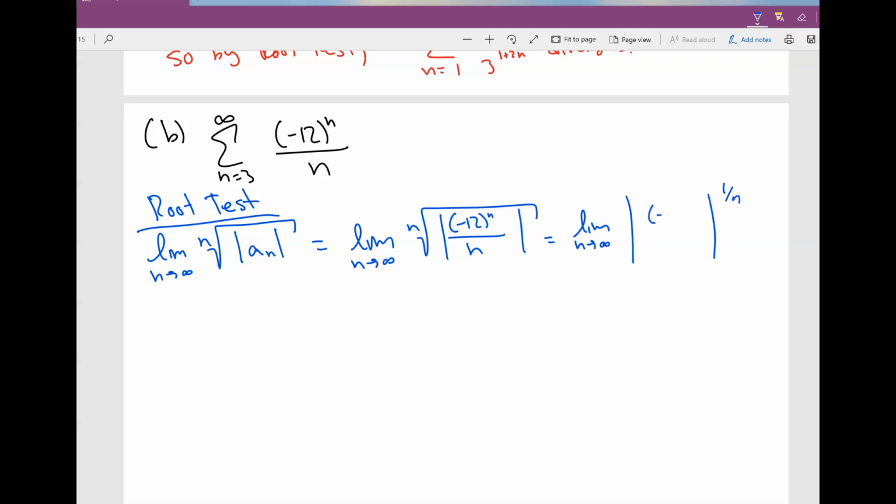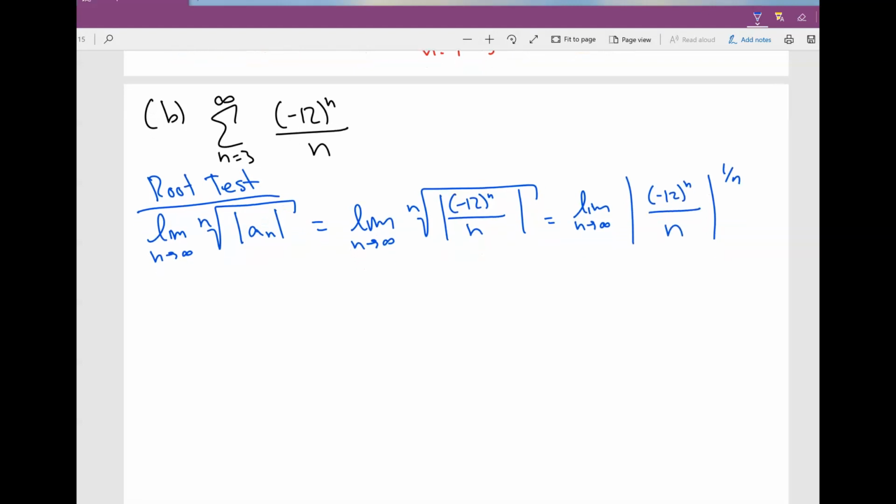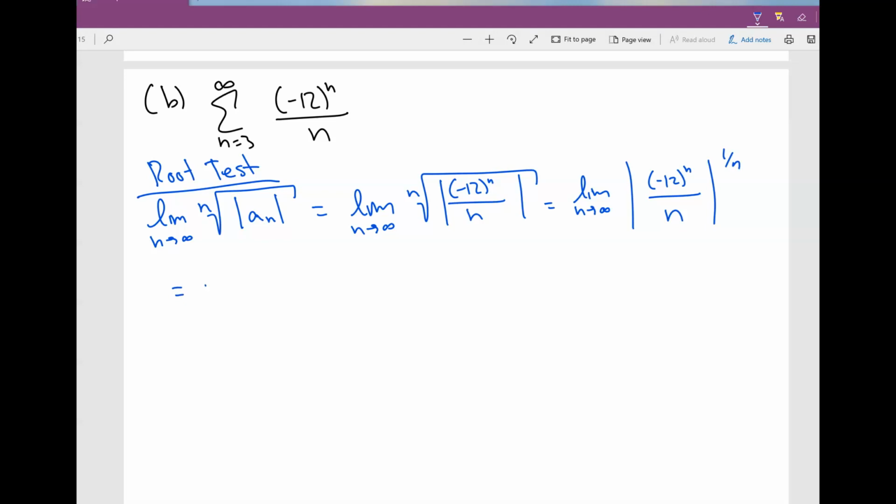Then you're going to have this negative 12 to the nth power over n. So this is going to give me the limit as n goes to infinity. So when I plug this 1 over n into this guy, these n's are going to cancel out. So you're just going to be left with a negative 12. And on the bottom, you're going to be left with n to the 1 over n. Okay. So now taking the absolute value into account, limit as n goes to infinity, the top part's just going to give me a positive 12, and n to the 1 over n.